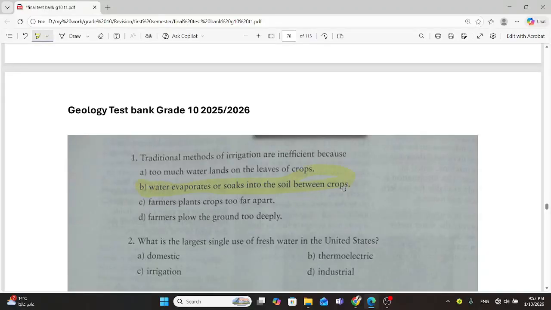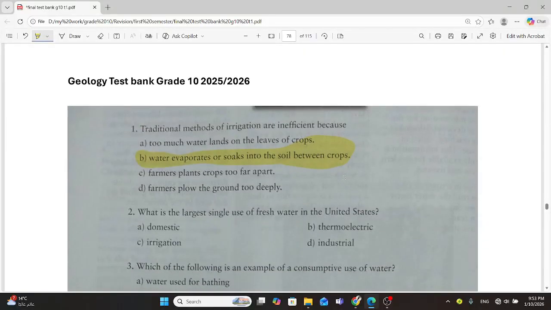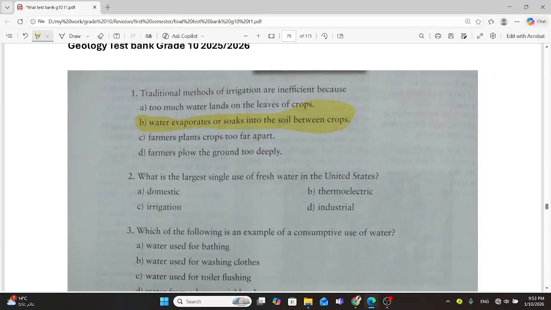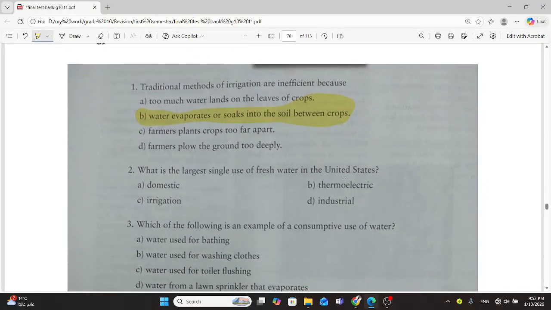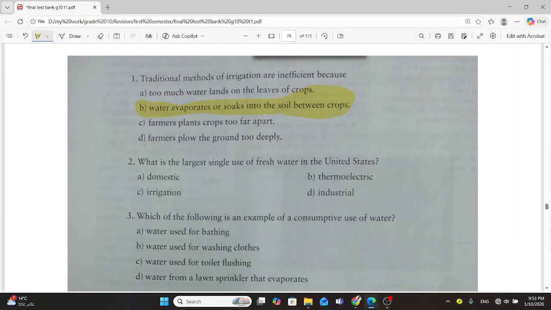That's true, so inefficient. What is the largest single use of fresh water in the United States? Domestic, or thermoelectric, or irrigation, or industrial? No, the single largest use is thermoelectric.